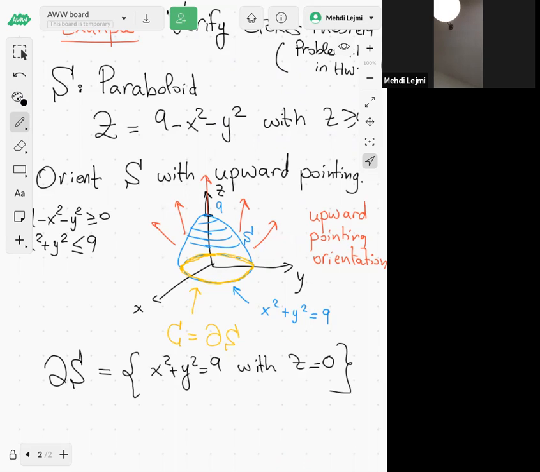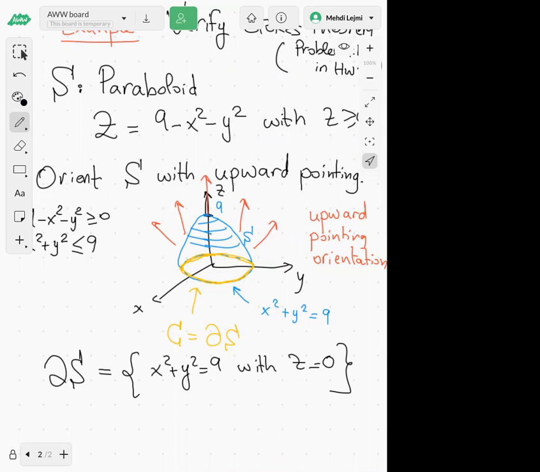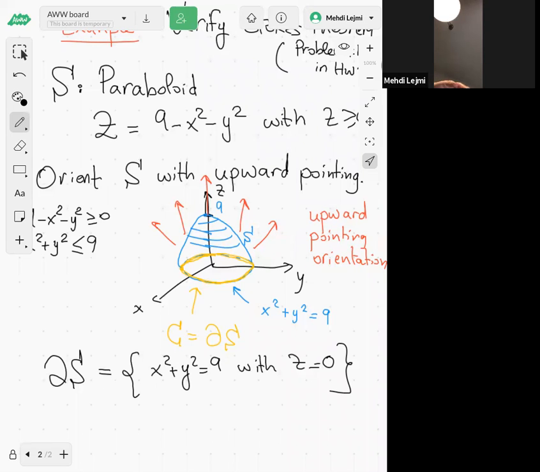Does it make sense why the circle in the bottom is the boundary, right? All right, so no, actually no. It's the boundary of the surface because your surface is this thing here. Here's your surface, right? This is supposed to be a surface.